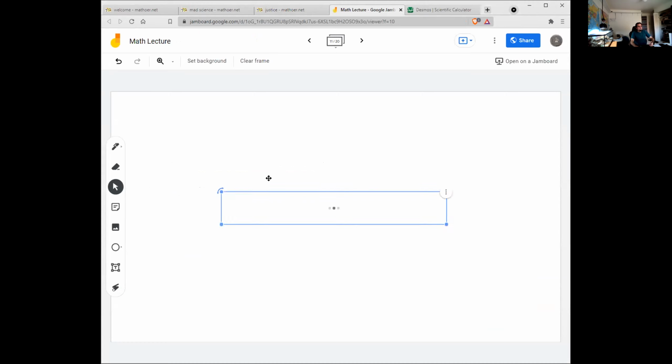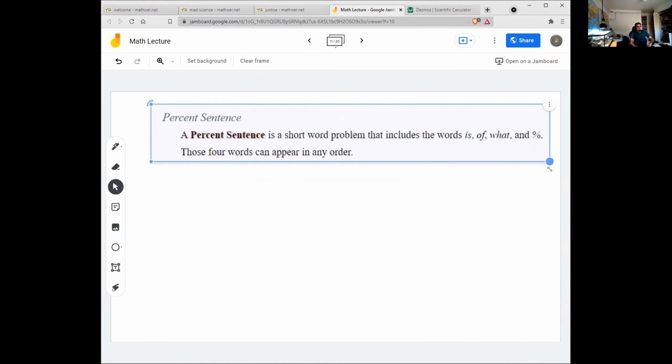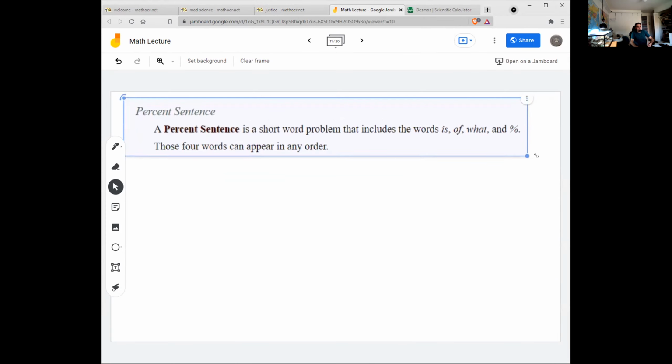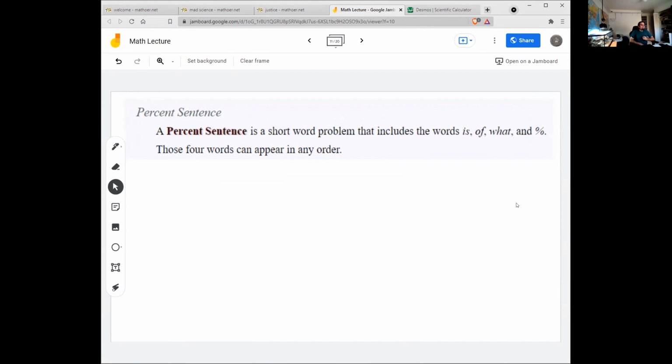I can't show you one cute slide like we had for the proportions to help you set up the word problems, but I can show you a few things that will build on each other. First, I'm going to define a percent sentence. This is my phrase. You're not going to find it in Google or in a book usually. A percent sentence is a short word problem that has the words is, of, what, and percent.